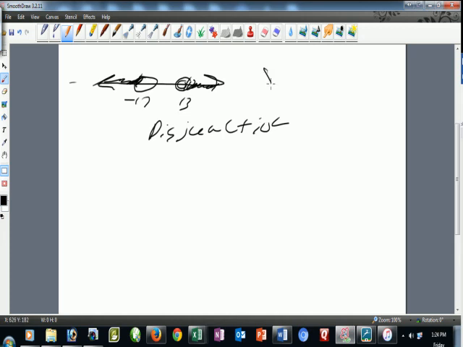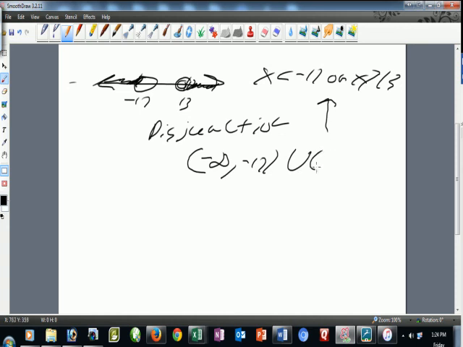You knew x was less than minus 17, or x was greater than what? 13. Notice the ways it's pointing. This is inequality notation. This is interval notation. Union, 13, infinity.